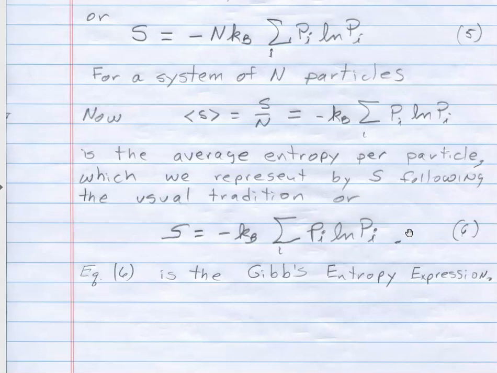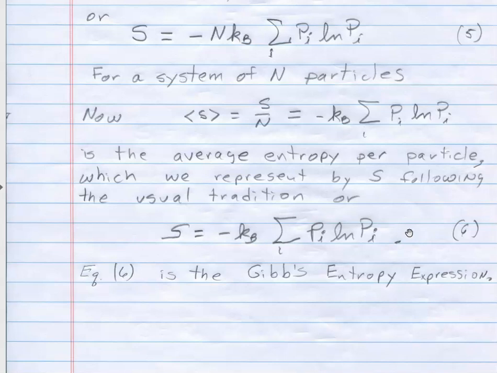A couple of things to note on this. I'm not going to hold anybody responsible for this. I really just threw this in as kind of an extra, because there are traditionally three ways that people start statistical mechanics. One is looking at the thermodynamic probability, the number of accessible states, omega, or the natural log of it.